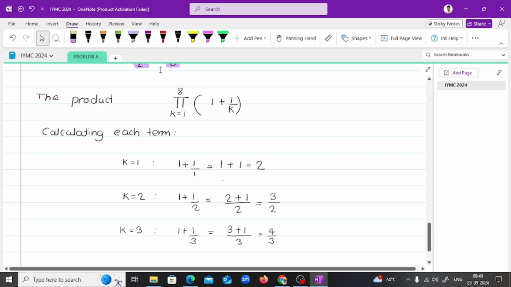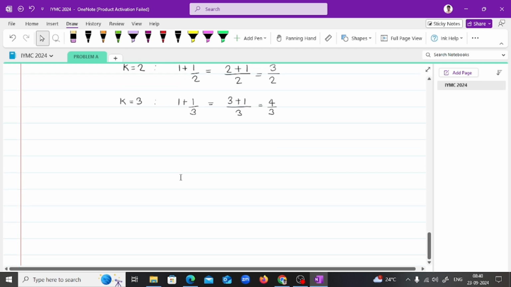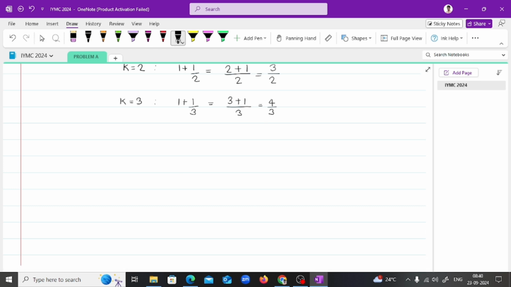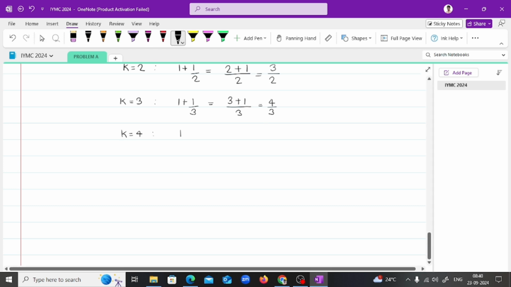So we will find the value of 1 plus 1 upon k similarly for all the remaining values of k. So for k is equal to 4, 1 plus 1 upon 4 is 4 plus 1 upon 4, which is equal to 5 upon 4. For k is equal to 5, 1 plus 1 upon 5 is equal to 5 plus 1 upon 5, which is equal to 6 upon 5.